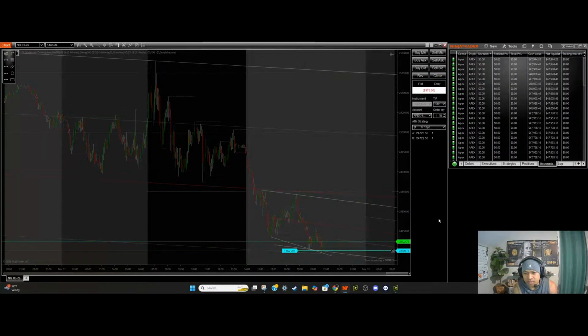Look at that. Oh, 23. Our exit was at 25, which is only like $2 away. Okay, see, it's pulling back again. Playing with our emotions.